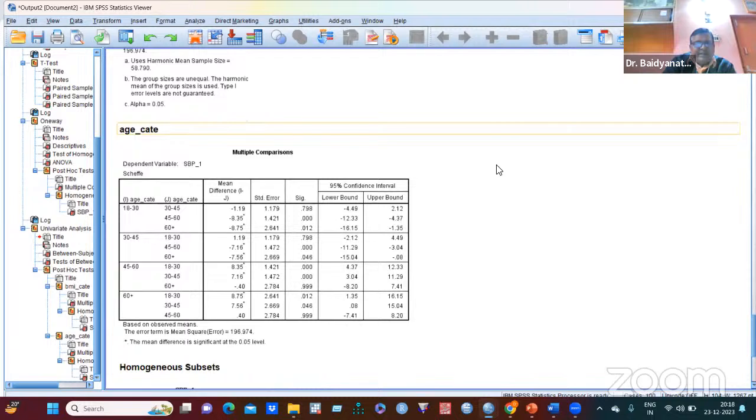And check the significant differences. Age group 1 versus age group 2 is not significant. Age group 1 versus age group 3 is significant.